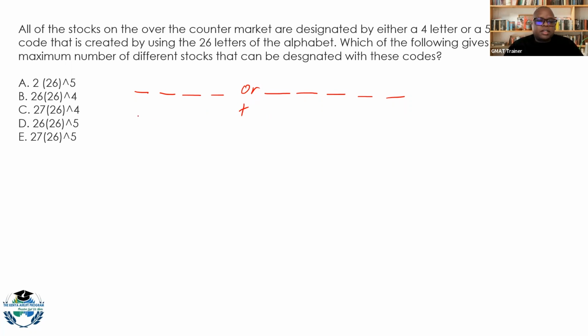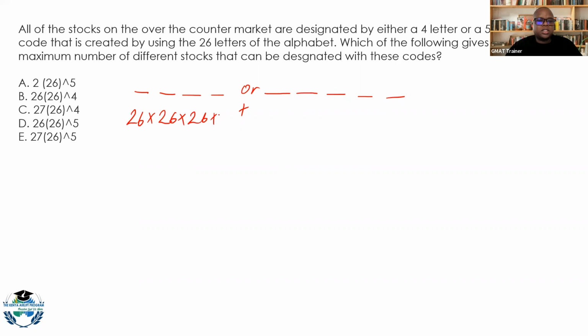Since there are no other restrictions on what these letters can be, the first position can take all 26 letters of the alphabet. The second position can also take 26. The third position can take 26.